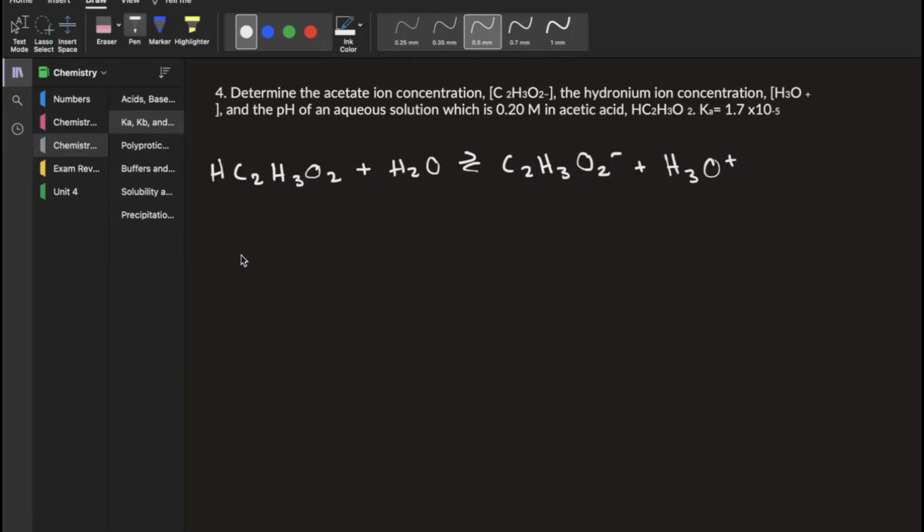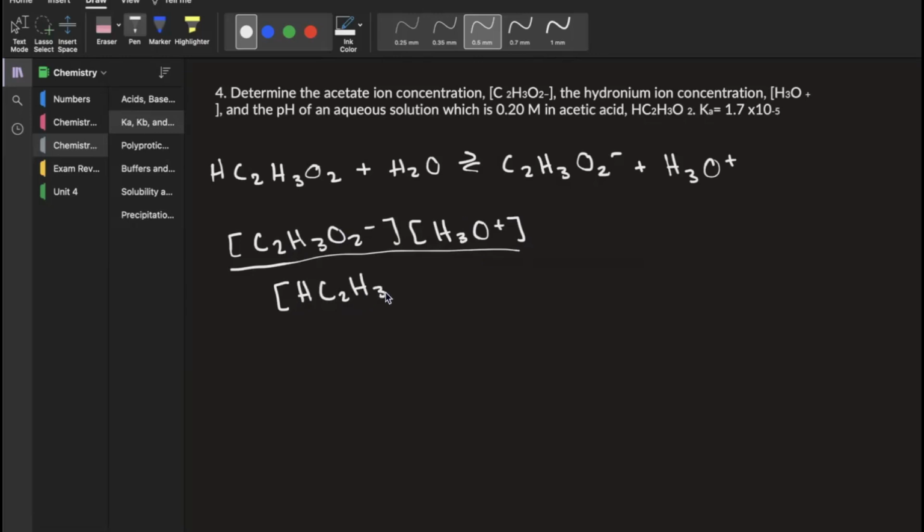Next, we're going to write our expression, which is going to be C2H3O2 minus times H3O plus over the concentration of acetic acid, HC2H3O2. And we know already the value of Ka, which is 1.7 times 10 to the negative fifth.